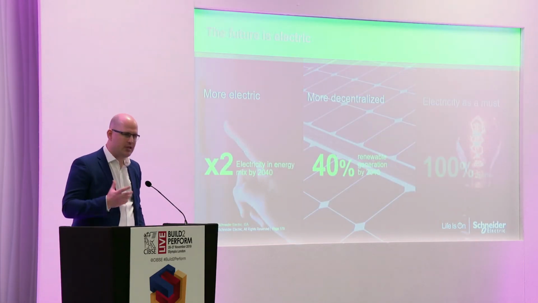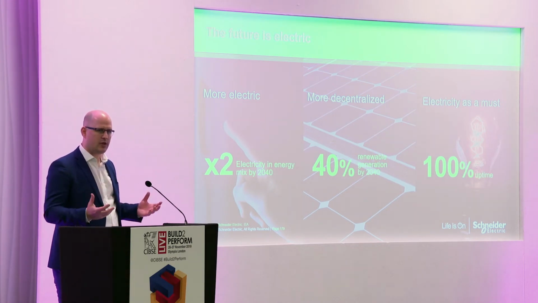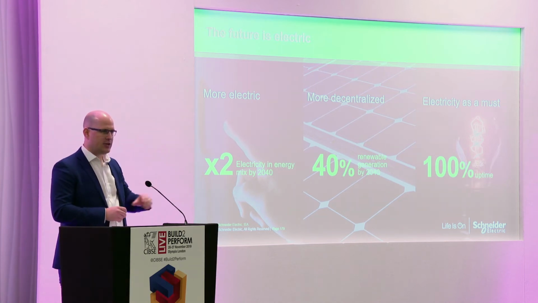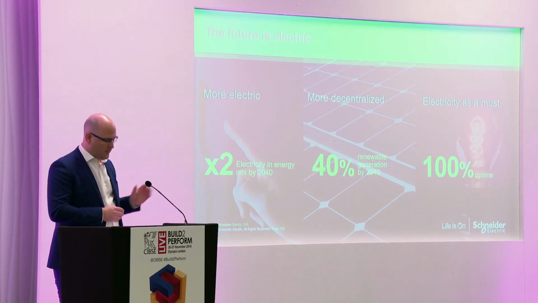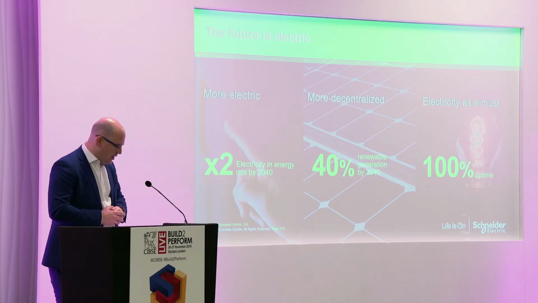So, if we stick with the theme of the future being electric, what does that mean for us? What are some of the things that need to happen? The first thing is we believe that the electricity mix in terms of energy will need to double. Now, this is a really interesting topical discussion at the moment.